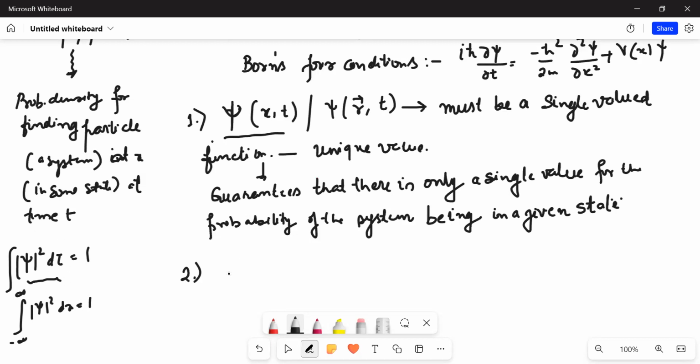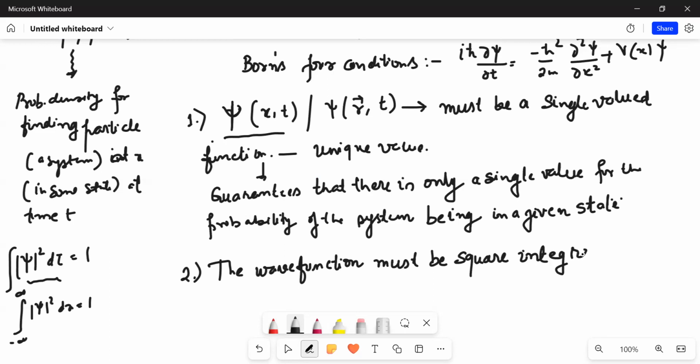So another condition is that the wave function must be square integrable.